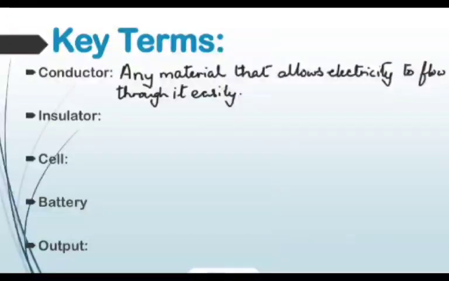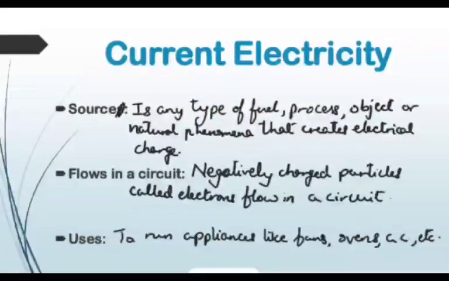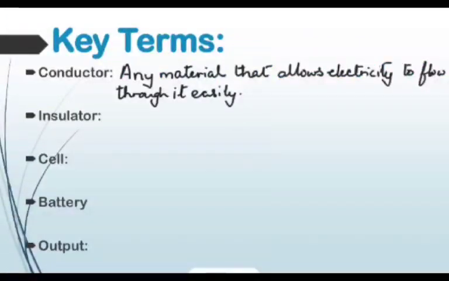The exchanging happens, like we did yesterday, right? The free electrons move from one electron to the other. So the free moving of these electrons easily through a material, and that material is known as a conductor.